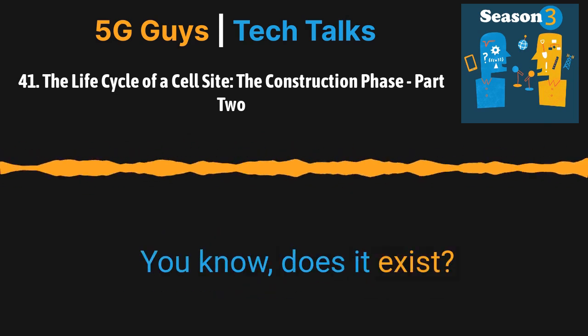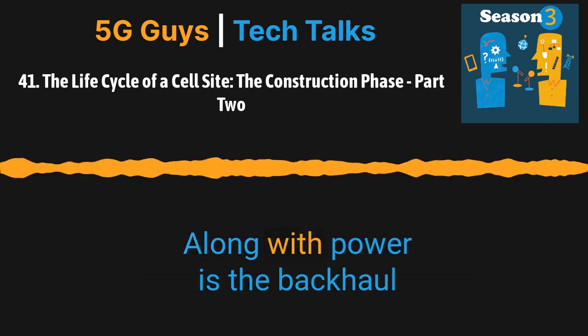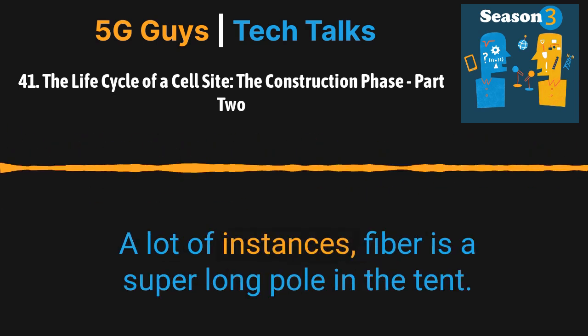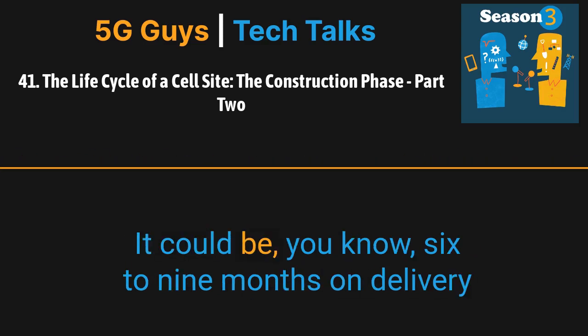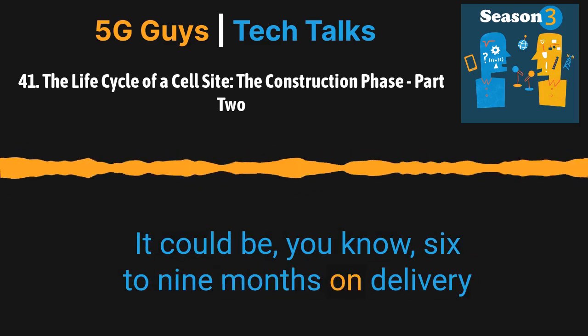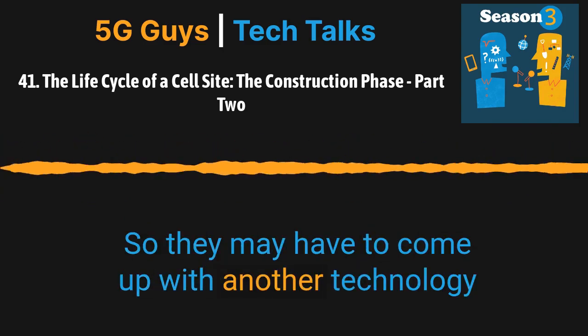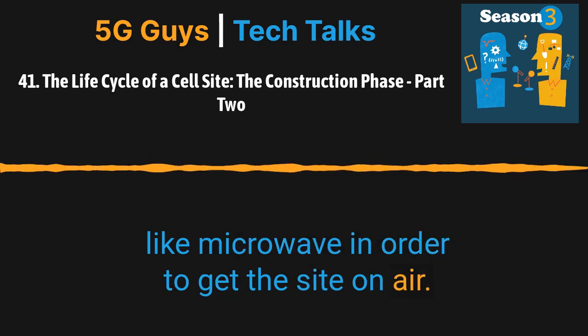Does it exist? If it's there, how long is it going to take to deliver that? Along with power is the backhaul capability, or fiber. In a lot of instances, fiber is a super long pole in the tent. It could be 6 to 9 months on delivery, and that may not work.